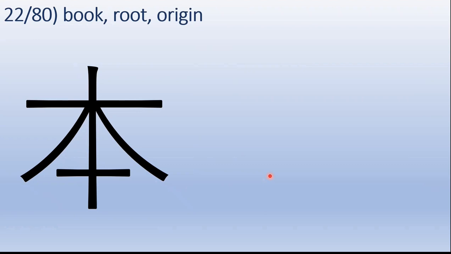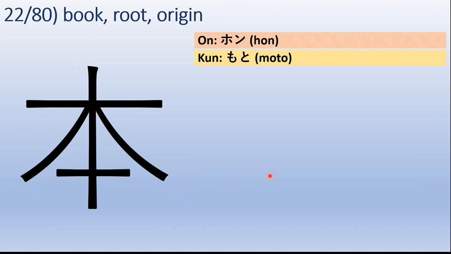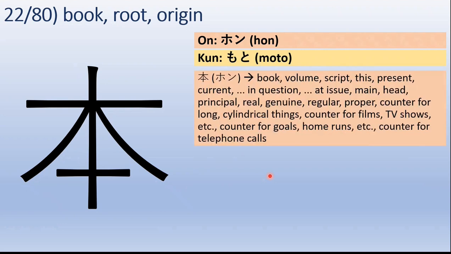Next we have the kanji for book, or it may also mean root or origin. So the On'yomi reading is hon and the Kun'yomi reading is moto. Hon means book, volume, script, this or present, current, in question, at issue, main, head, principal, real, genuine, regular, proper, counter for long, cylindrical things, counter for films, TV shows, etc., counter for goals, home runs, etc., and counter for telephone calls as well.